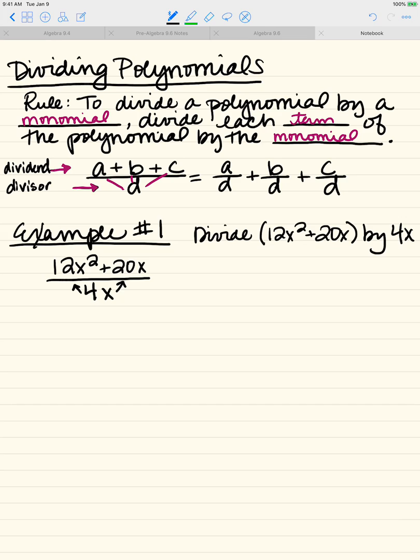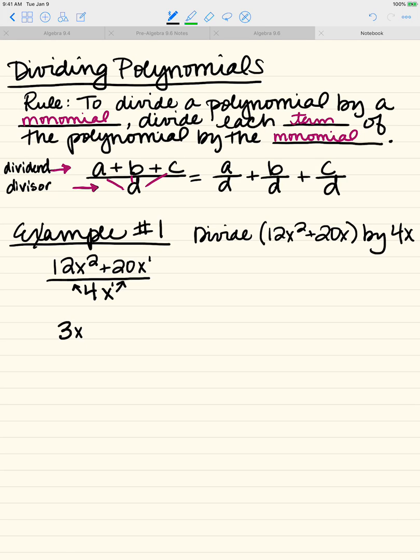So 12x squared divided by 4x, 12 divided by 4 is 3. X squared divided by x, remember our quotient rule of exponents. So x squared divided by x is x to the 2 minus 1. Remember, there's a 1 here. We just don't write it, okay? So x to the 2 minus 1 is x to the 1, or just x.